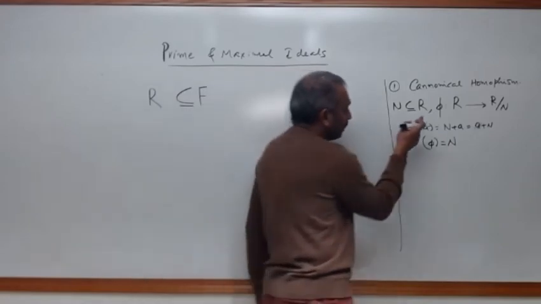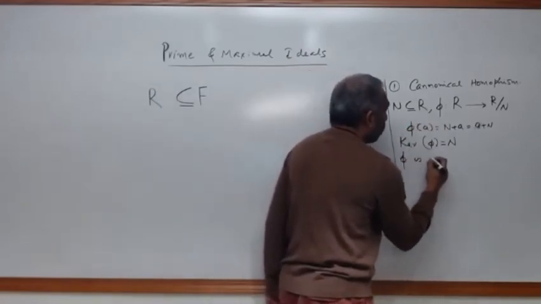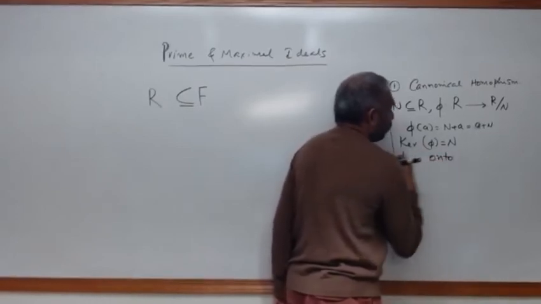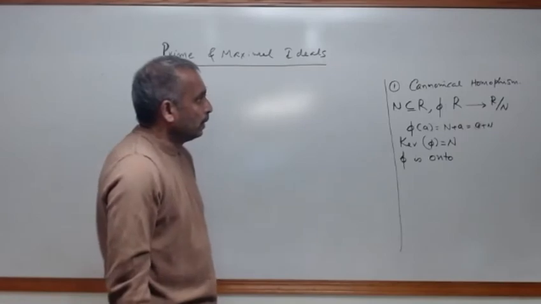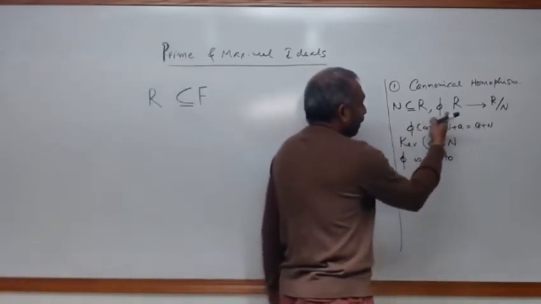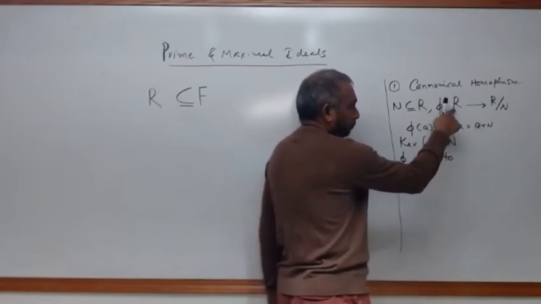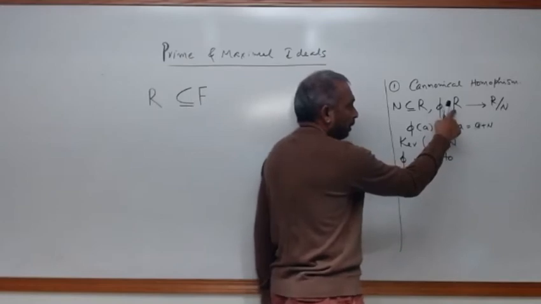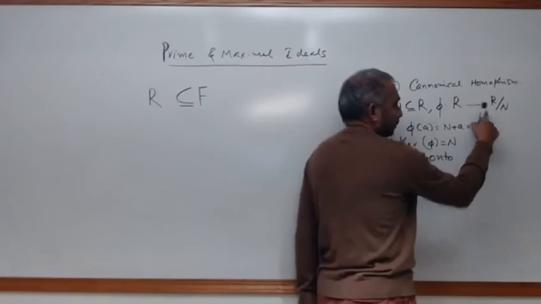This homomorphism is also onto, it is a surjective mapping. For every element in R, we have an element here.